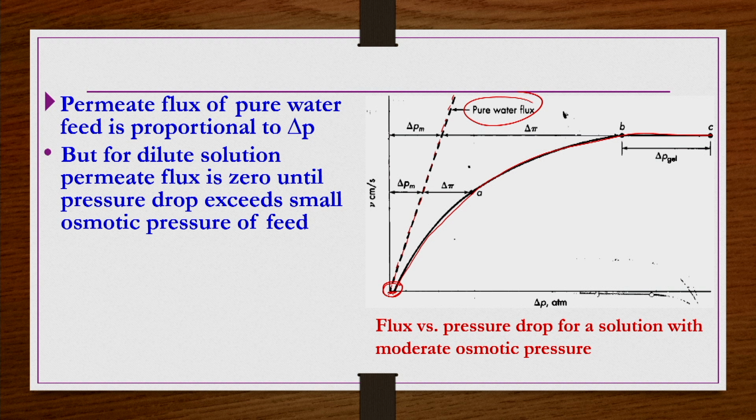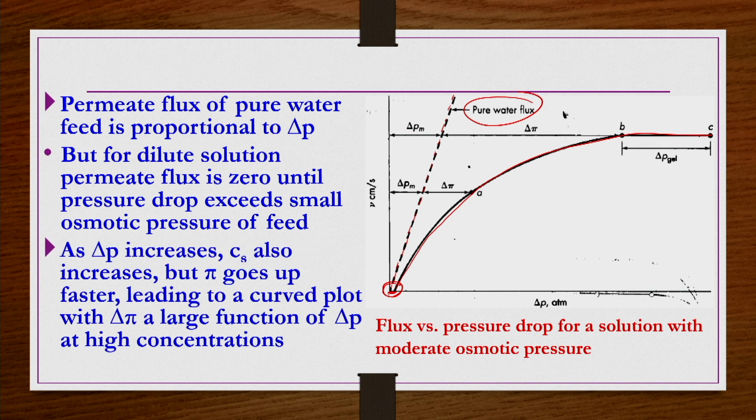Whatever the small osmotic pressure is, because of the presence of solutes in the solution, until and unless the applied pressure exceeds that osmotic pressure, the permeate flux will not be there, it will be 0.